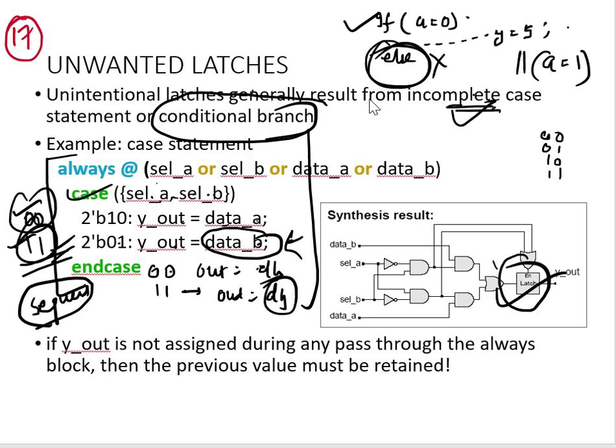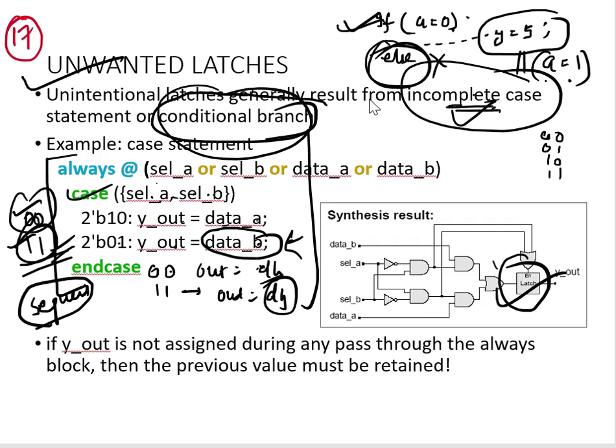If A equals 1 comes, then Y stays 5, what it was before during the A equals 0 condition. So it is storing the previous value, which means there is a memory element. This condition is called unwanted latches in Verilog, because of an incomplete case or incomplete conditional branch.